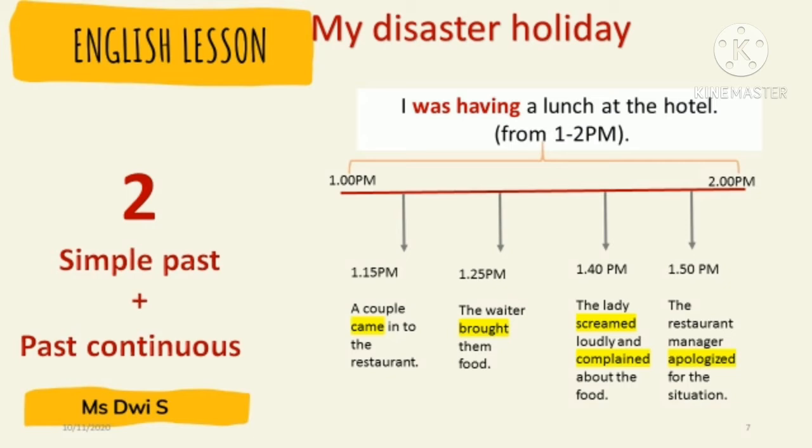And when I was having a lunch at the hotel, at 1:40, the lady screamed loudly and complained about the food. Oh, this lady disturbed my lunch. And then, when I was having a lunch at the hotel at 1:50, the restaurant manager apologized for the situation.